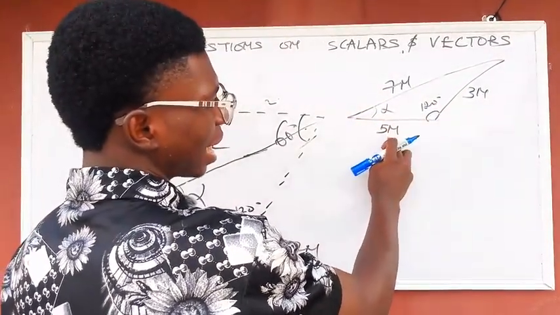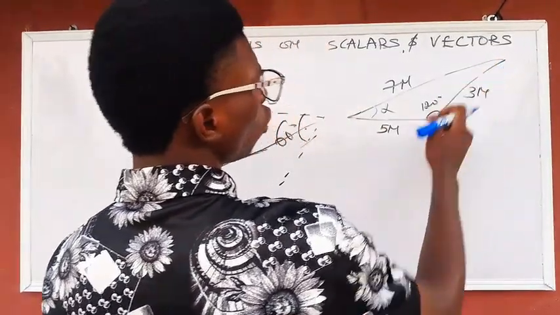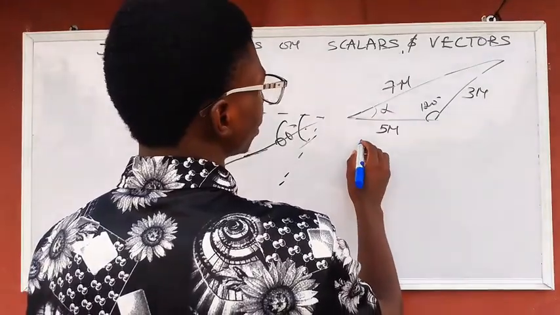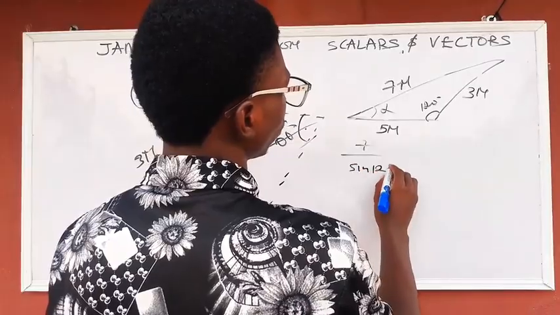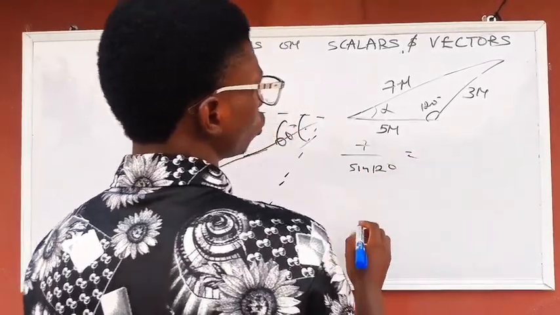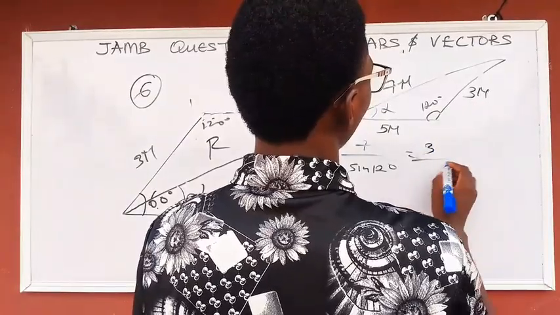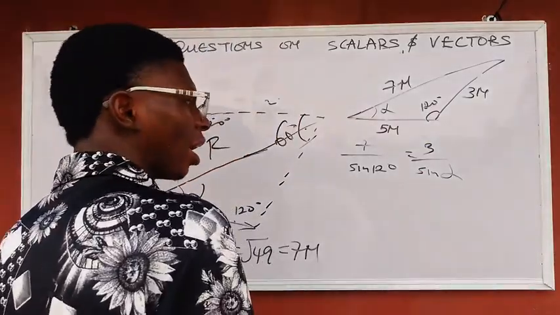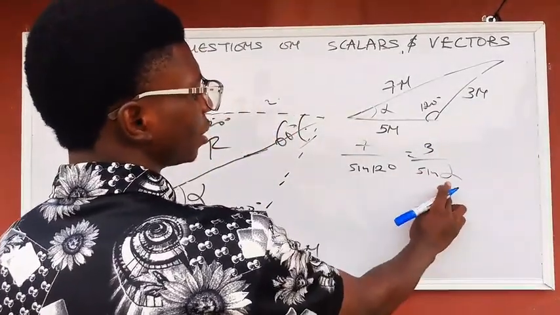This is the side and the angle facing this side is this one. So we're going to use this angle to find it. That will now be 7 all over sine 120 is equal to 3 all over sine of this angle. So we're going to make this one the subject of the formula.